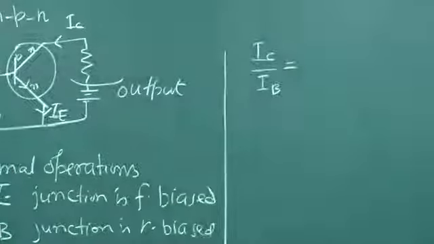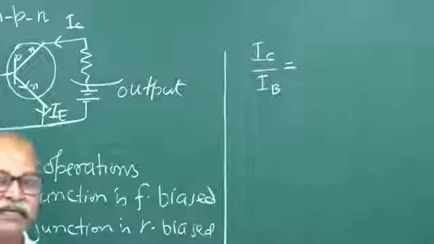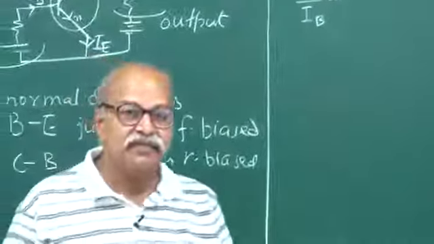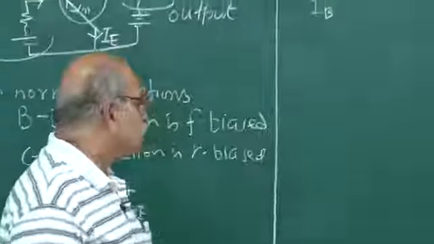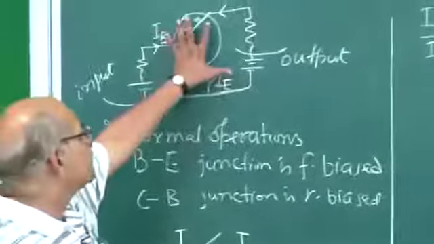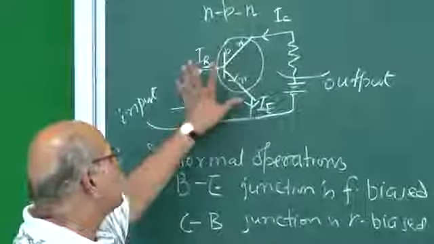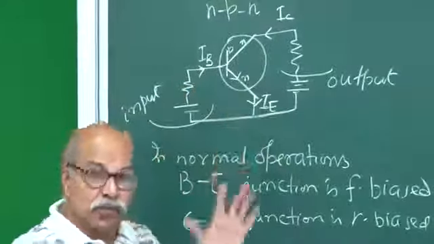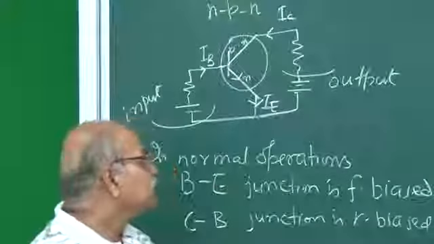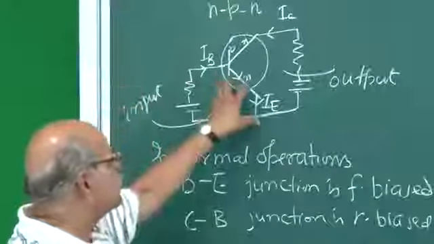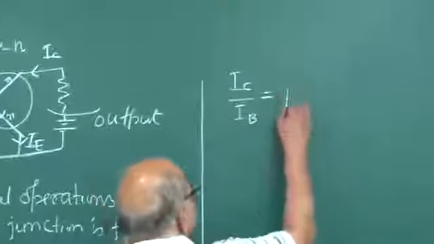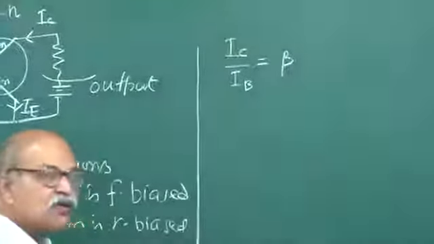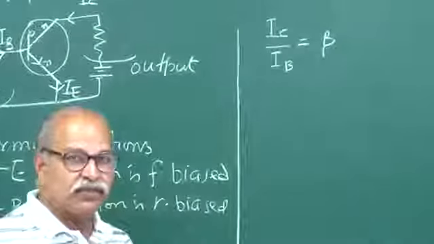It depends on the concentrations of those impurities, it depends on the geometrical parameters, the base is very thin and all that. So, it depends on all those things, but once the transistor is there, and then the biasing is also proper, so that this mechanism does take place, then this IC by IB, known as beta, is constant over a fairly good range.